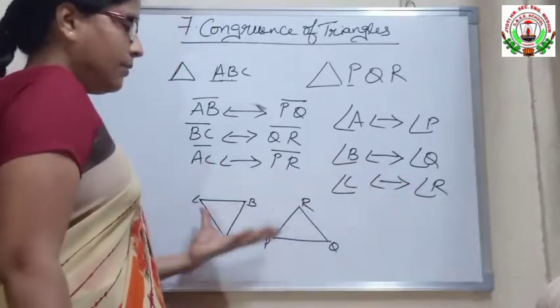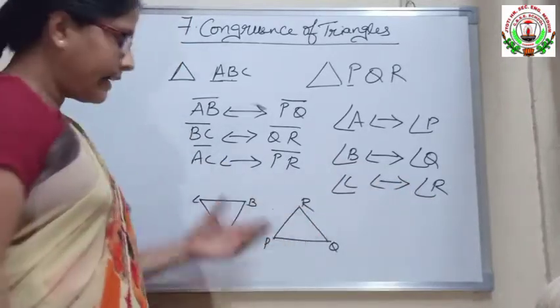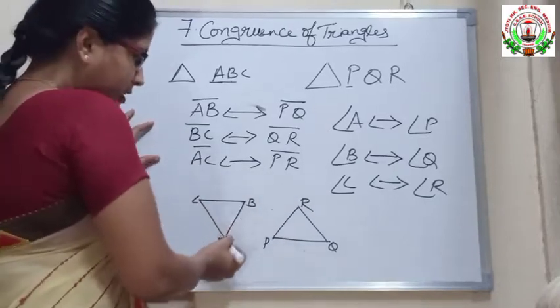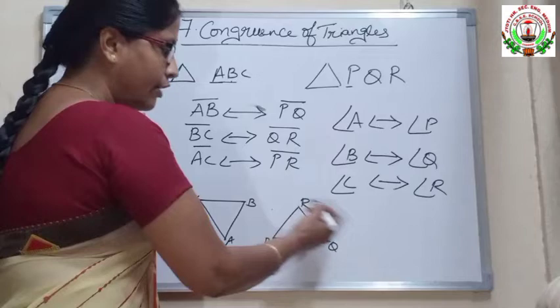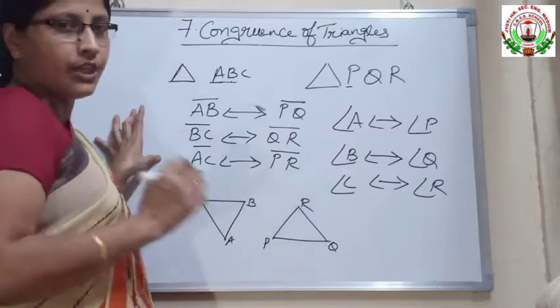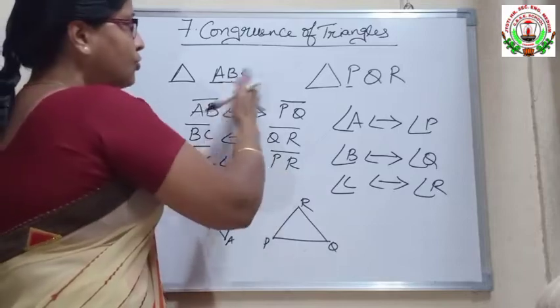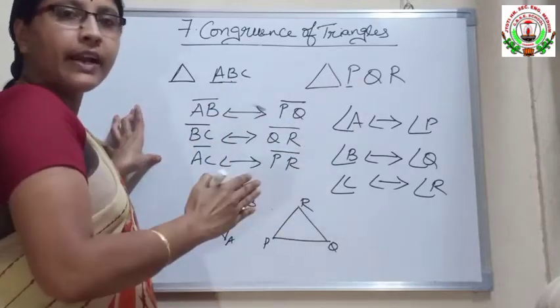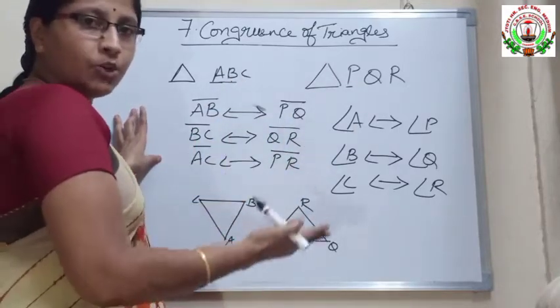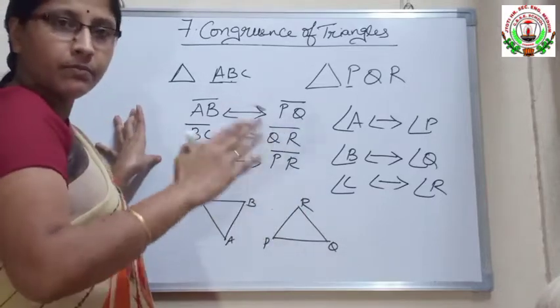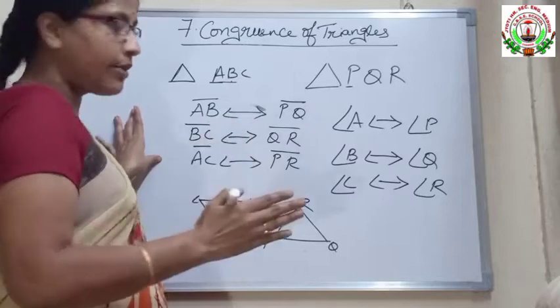If we want to compare triangles, they can be given in any way. If the first triangle is given like this, the second need not be in the same position. It can be in different positions also, but you just have to look at the vertices while comparing the two triangles, to know the correspondence of the two, meaning the congruence of the two triangles.